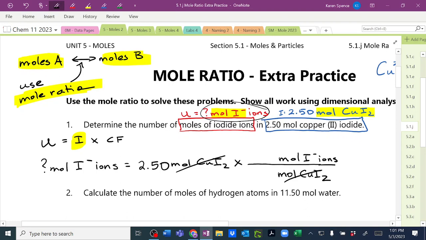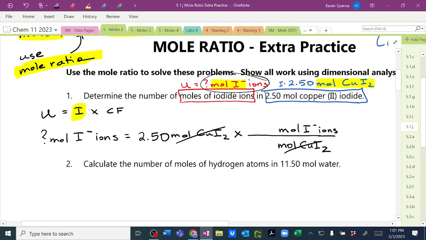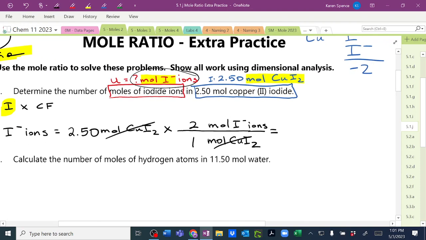Tell your partner what numbers go on the top and the bottom. What number goes on the top? 2. And what number goes on the bottom? 1. So now we have 2.50 times 2, which gives us 5.